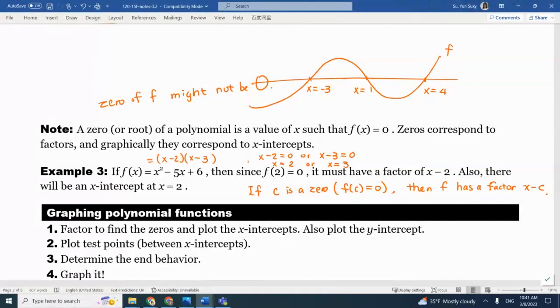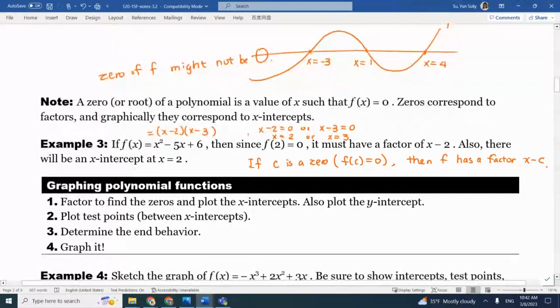Okay? If you have a number, let me ask you. If 5 is a zero, then f must have a factor as well. x minus 5. How about 10? 10 is a zero. x minus 10. Okay? How about 300 is a zero. x minus 300. Exactly. Yes.